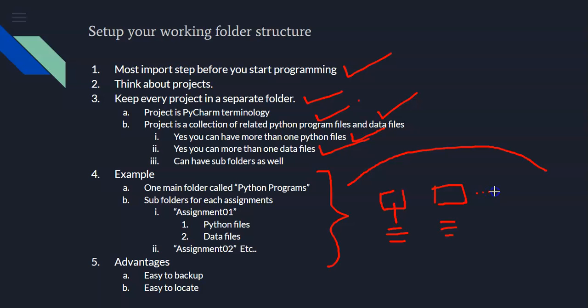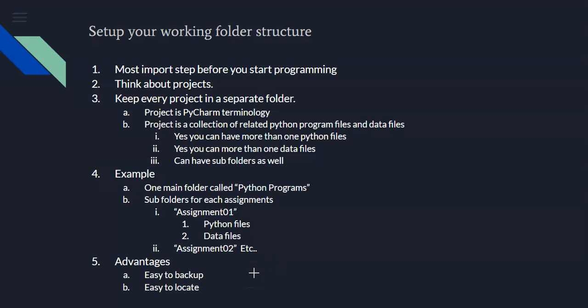Likewise, all your Python programs are inside one single folder, and the advantages of a setup like this are obvious. You can back up all your work very easily. Everything is just one single folder. You can just drag and drop it into your memory stick, and it's also very easy to locate.